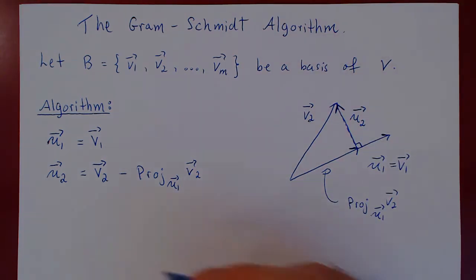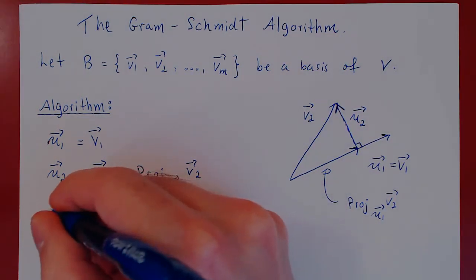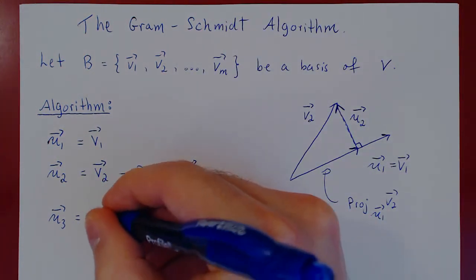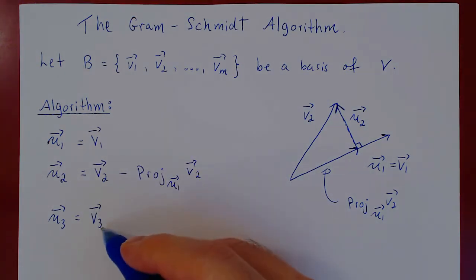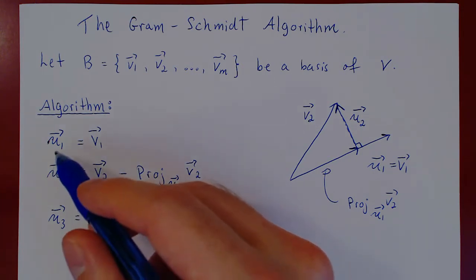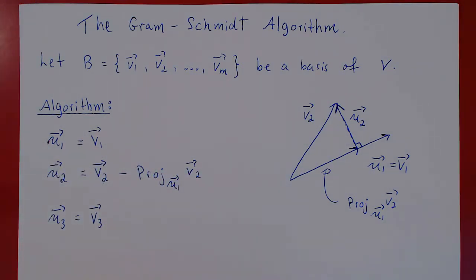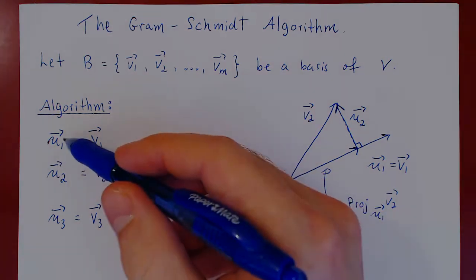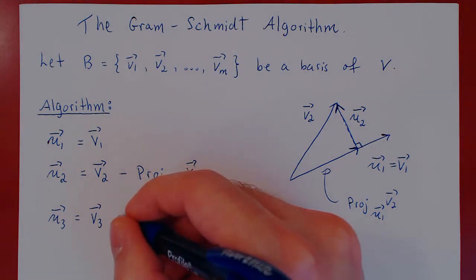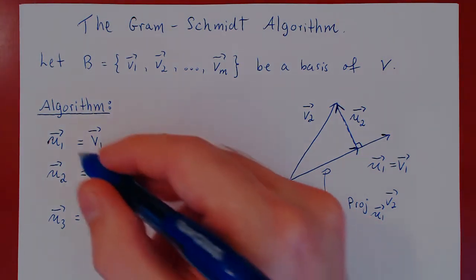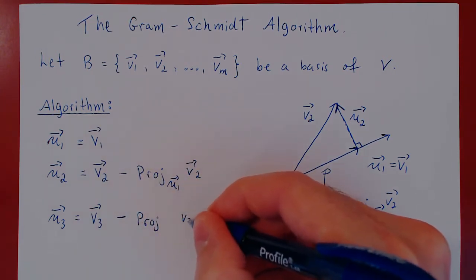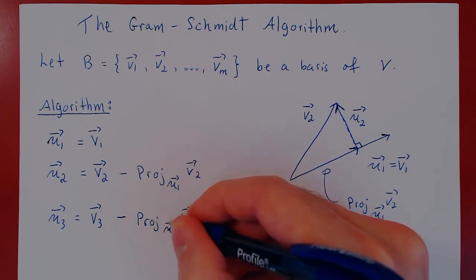How would you compute now the third new vector of your basis? Well, think of it. You will take vector v3, but v3 will have a component along u2, and v3 will also have a component along u1. But you don't need those two components because you already have u1 and u2 to span those directions. So remove from v3 its component along u1, that is just the projection of v3 onto u1.